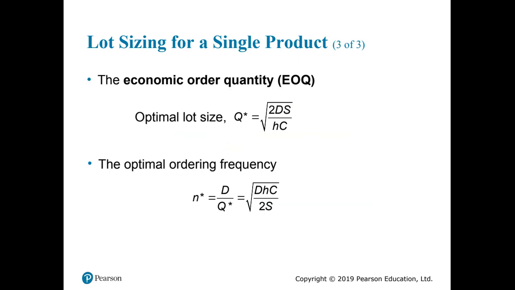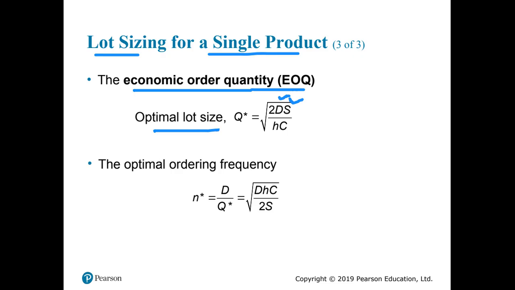So this is the formula for the economic order quantity for a single product. So what should be the lot size that we need to make? The optimal lot size would be Q, the square root of 2DS divided by HC. D was the demand, S was the fixed cost, and HC is the holding cost.